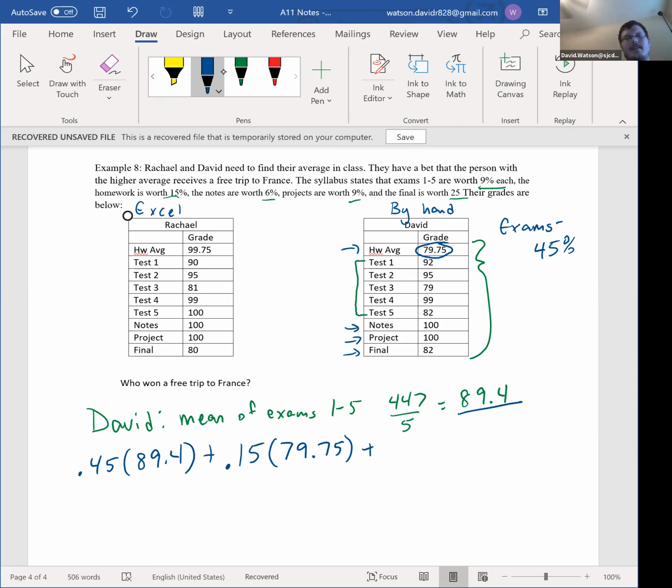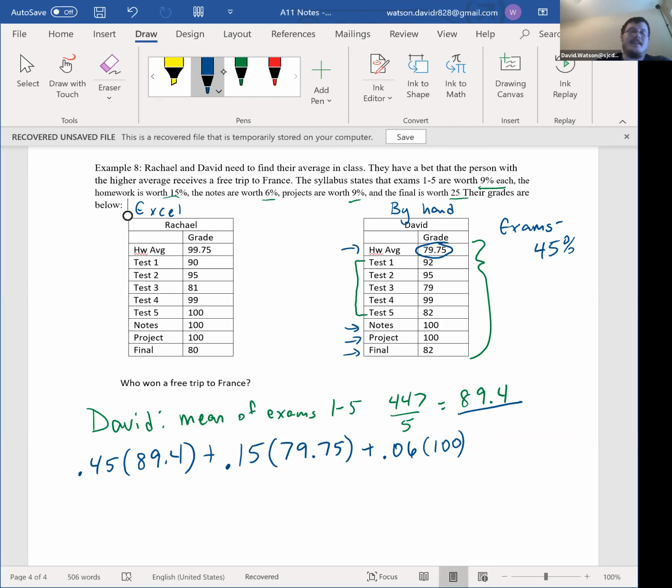Plus, next up are notes. 6% as a decimal is 0.06 times 100 for notes, which everybody's going to get 100 for notes because everybody's watching this right now, right?